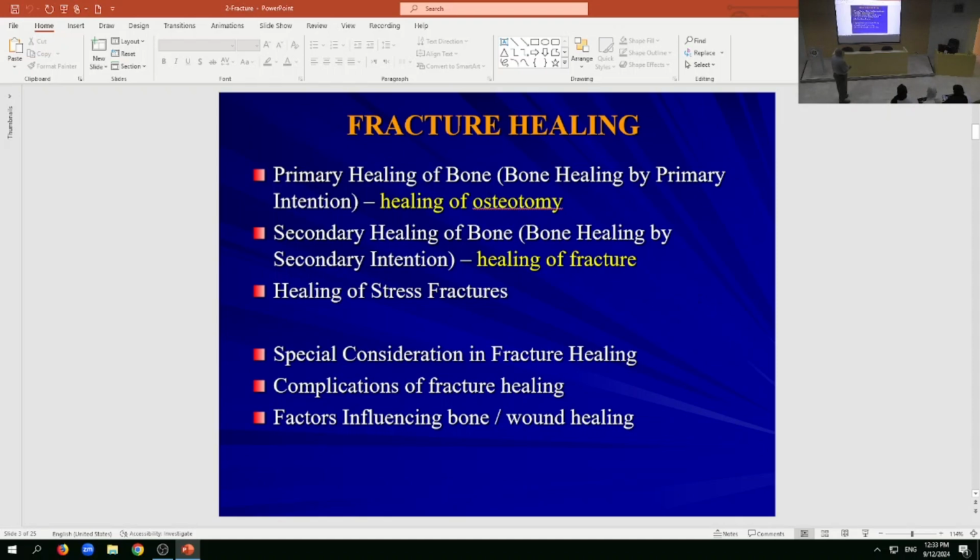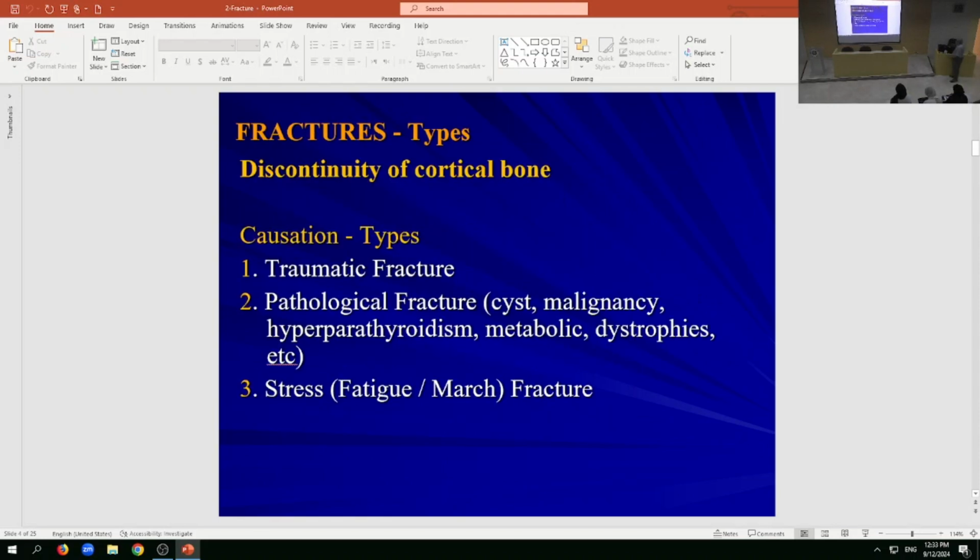There is also stress fracture. This is a special category. I will touch it very briefly. And there are a few other items that are also worth discussing. Fracture, as you know, is a discontinuity of a cortical bone.